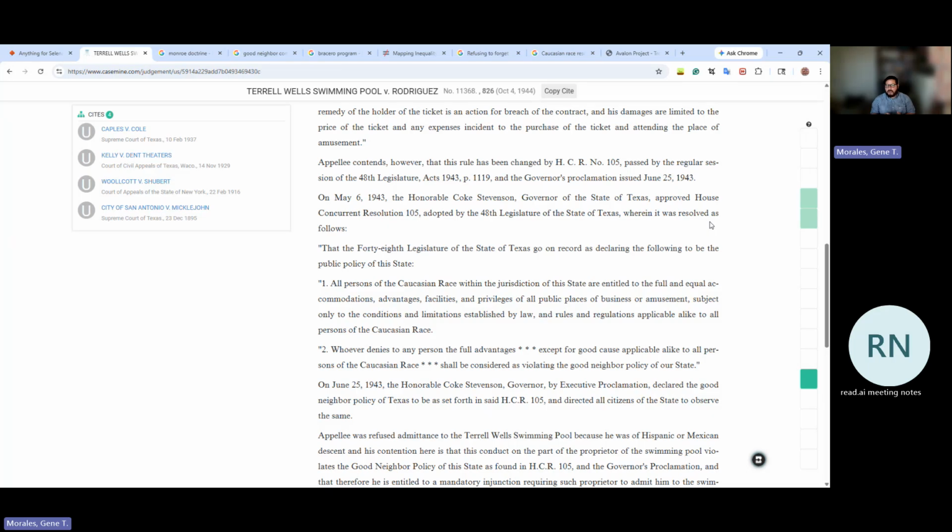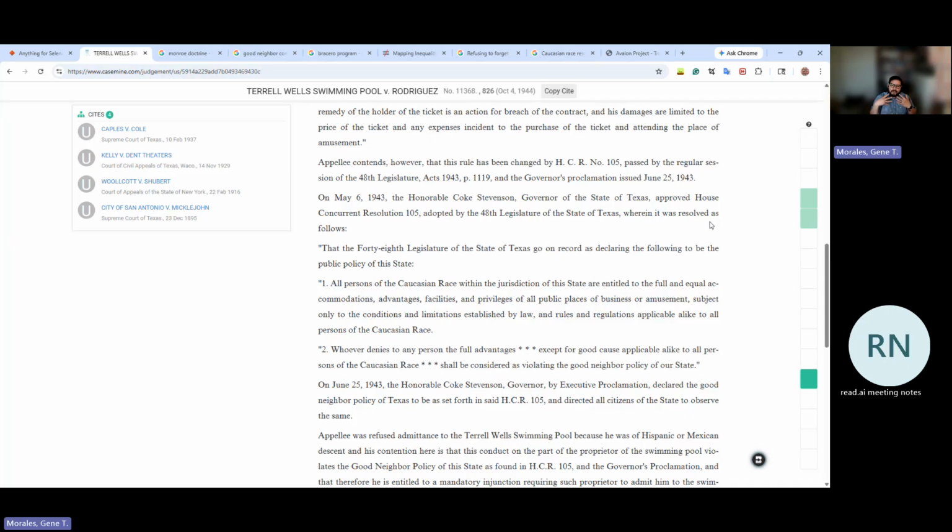It's going to argue looking at the Good Neighbor policy. It's going to argue with these concepts that predated this time period all the way 100 years before, literally in 1848, right?